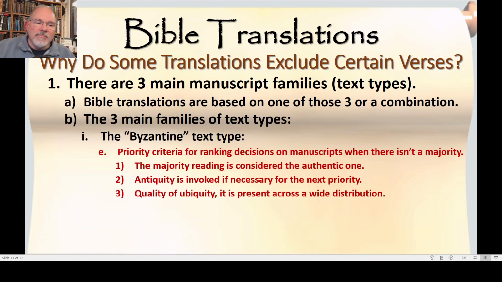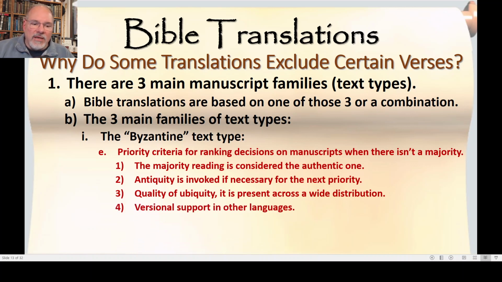If you couldn't do that, the next is the quality of ubiquity, in other words, it's present across a wide distribution. So basically, if you had a 50-50 split, and they were all within the same dating time, then you'd say, okay, which one is spread over a wider distribution geographically? Ubiquity means how it permeates all of them in the distribution.